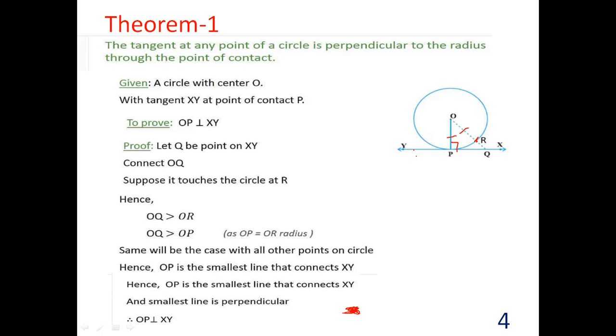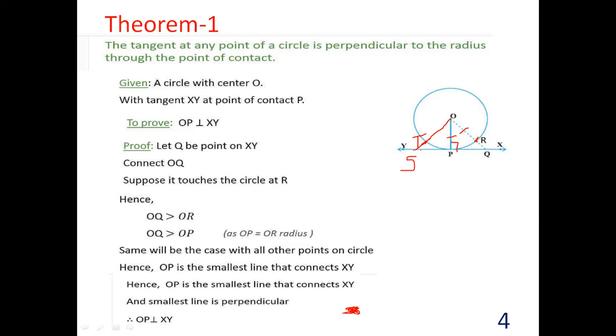Suppose I choose another point, say S here, and join OS like this, then it intersects the circle at say another point T. Then OT is equal to radius and OS is greater than OT.